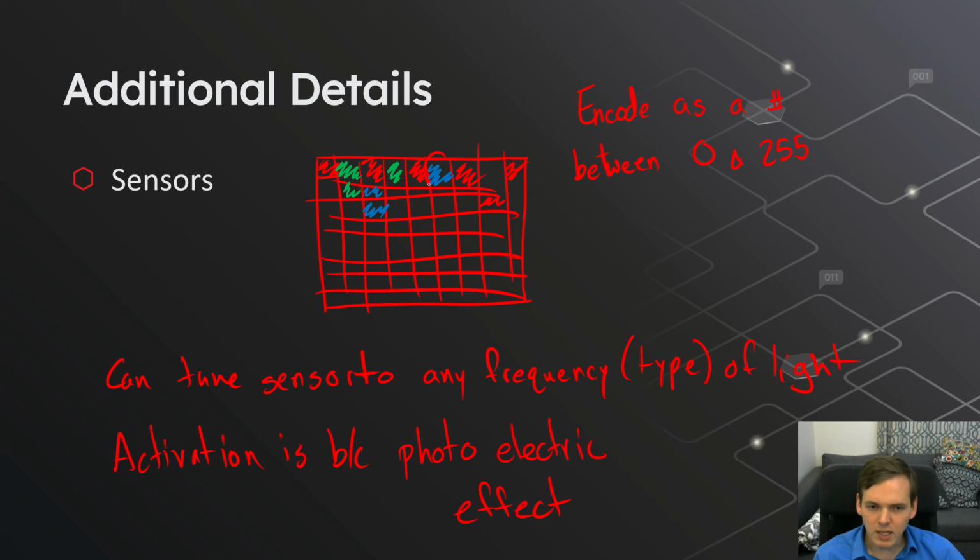So this blue sensor, if really bright blue light is hitting it, it might say, I'm getting 255 blue. This red sensor might be getting no red light, so it might say, I'm getting 0 red. And then if we have a yellow light, even if it's really bright, maybe the yellow light gives 150 red, because it's close to red, but it's not exactly. Same thing as the cones in our eyes. They activate based on how bright the light is and how close it is to what they're tuned for.